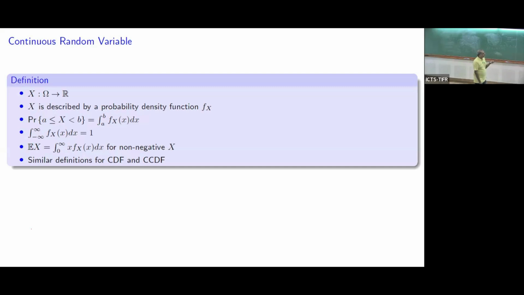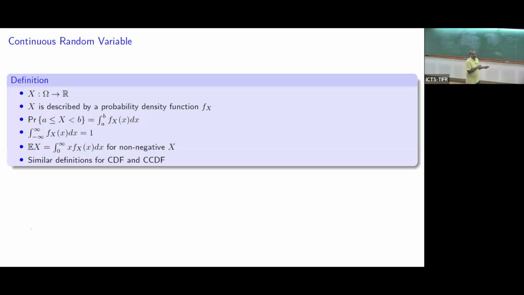So what you can think of is, instead of looking at the probability of a single value, you can look at the probability that the continuous random variable takes values in a small interval, or an interval from A to B. And you can think about a density function here, which you can integrate to get this probability. So this density stands in for the probability mass function which we had before.